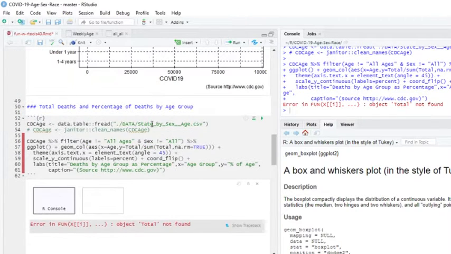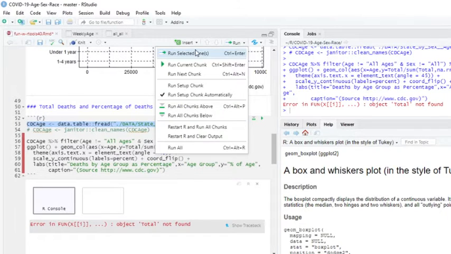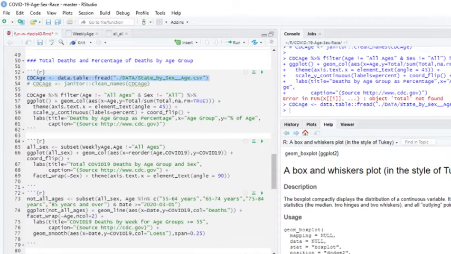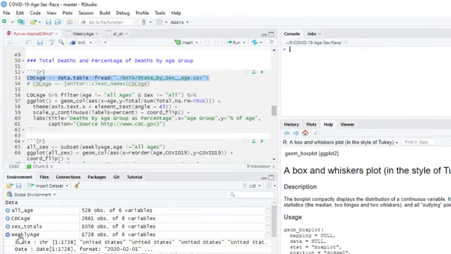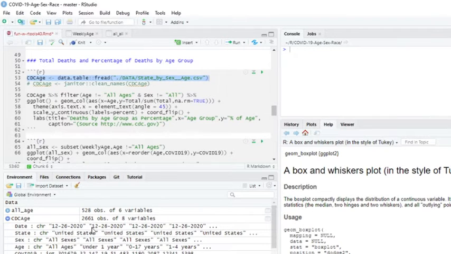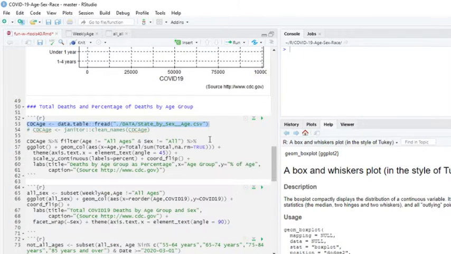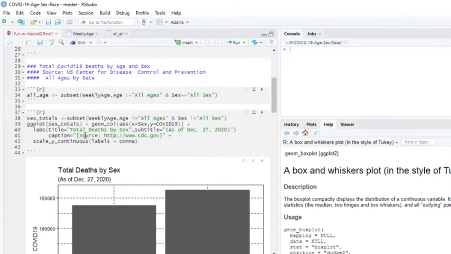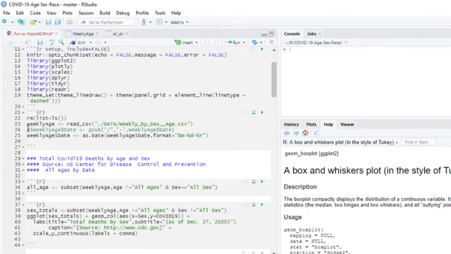Total not found. Okay, did we get the data here first of all? So date. Okay, so we need to come back up here now and use the same piece of code back up here, except we're going to change it to state.